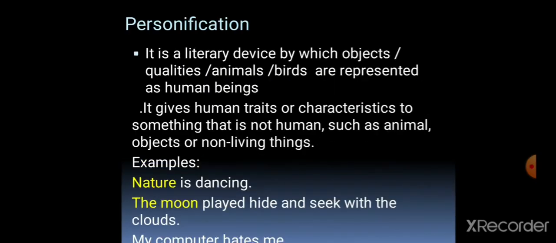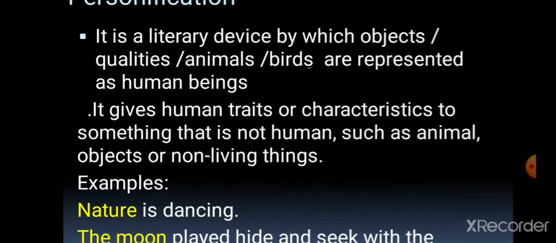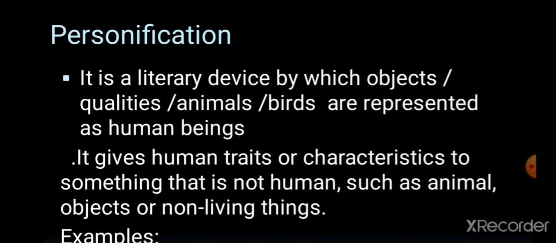Okay students, let's start with personification. Now what's personification students? Personification is a literary device by which objects, qualities or animals or birds are represented as human beings. They are not human beings, but they are represented as human beings.